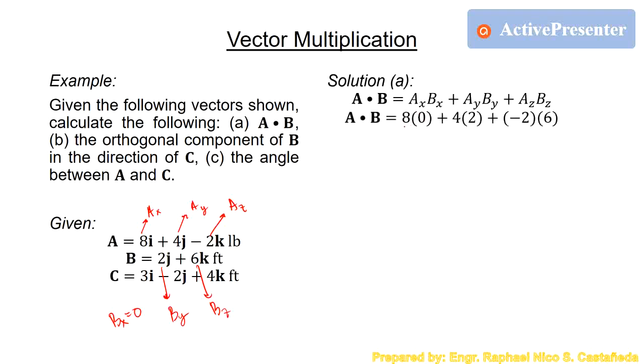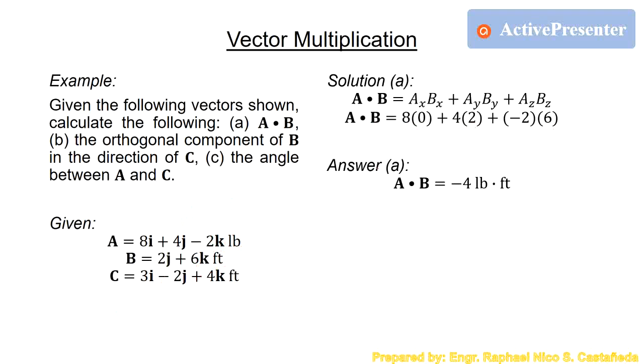So you get 8, 0, 4, 2, negative 2, and 6 for the values. Then you will get the answer of negative 4 pound-feet. So that's how you get the dot product of A and B.